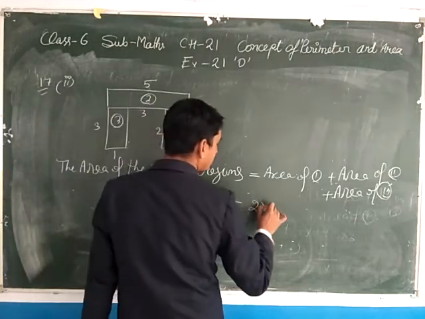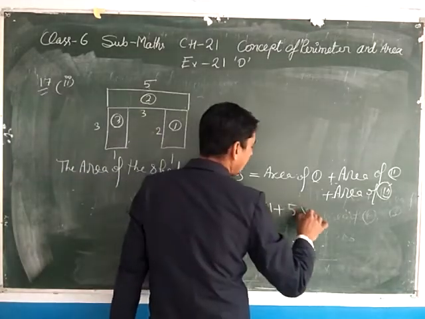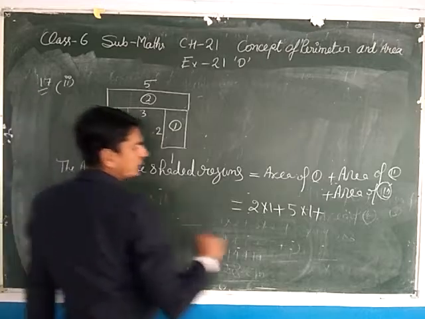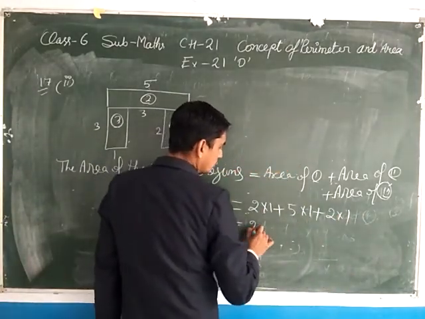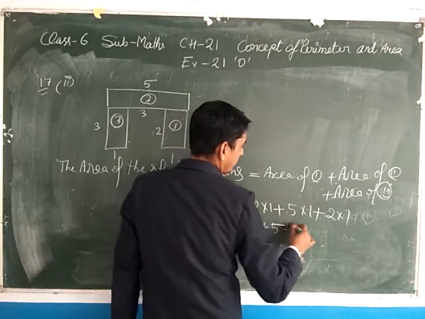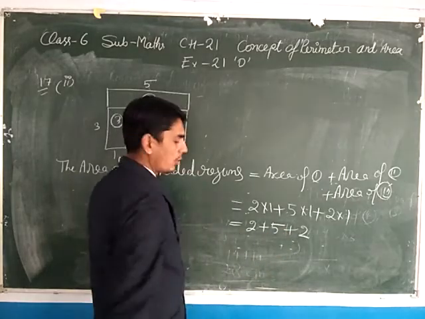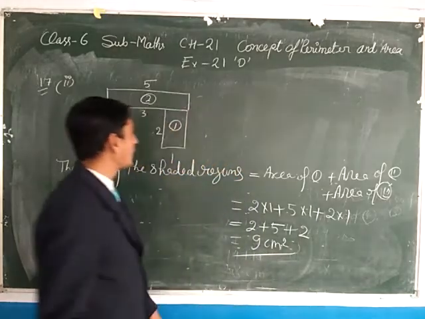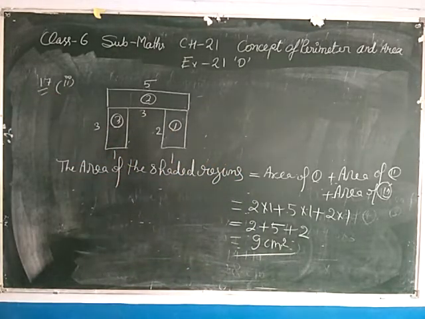So length multiply breadth means 2 multiply 1, plus second, 5 multiply 1, plus third, 2 multiply 1. So 2 1s are 2, 5 1s are 5, 2 1s are 2. Clear students? So 2 and 2 is 4, and 4 and 5 is 9 centimeter square, the required answer of the second part. Clear students? Now after this, see the third part of question number 17.